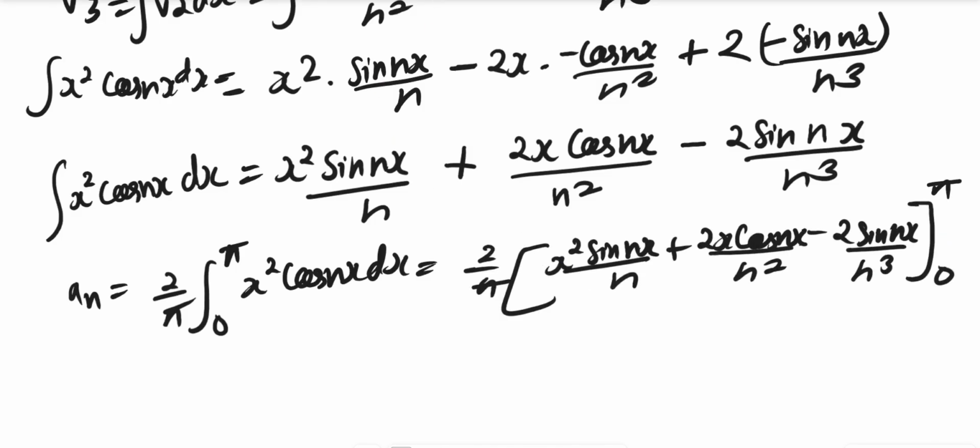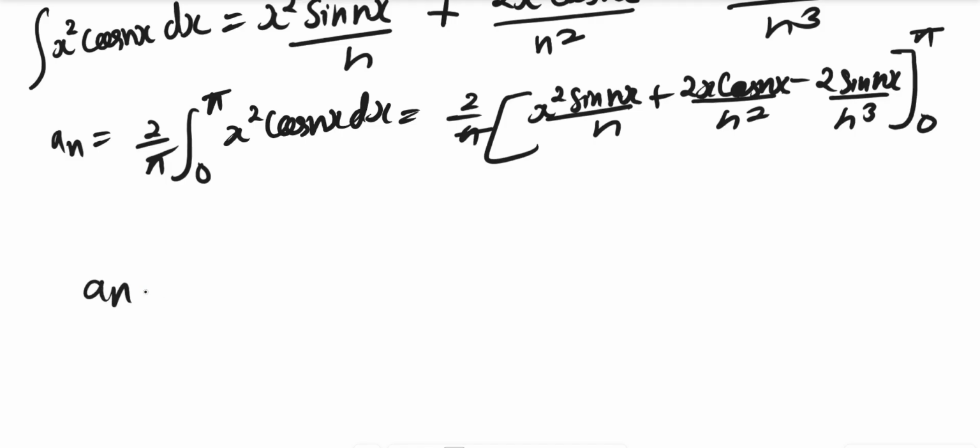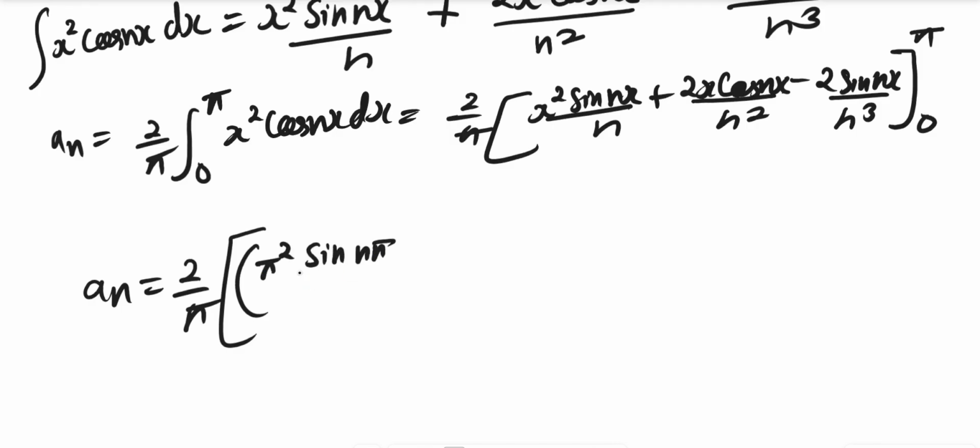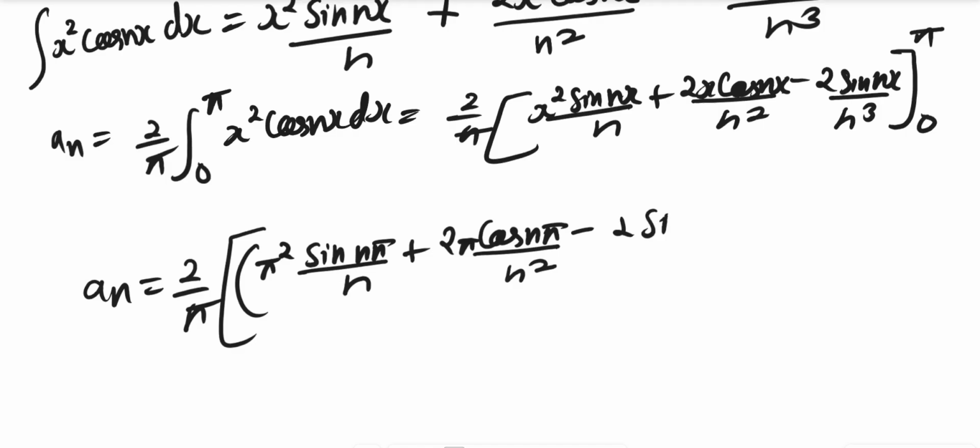Now put the limit. An is equal to 2 upon pi. Put the limit first. Upper limit pi: pi square sin n pi divided by n plus 2 pi cos n pi divided by n square minus 2 sin n pi divided by n cube. Now put the lower limit.